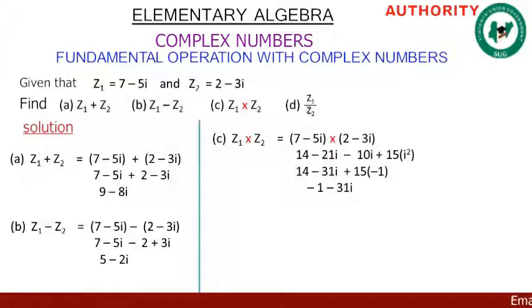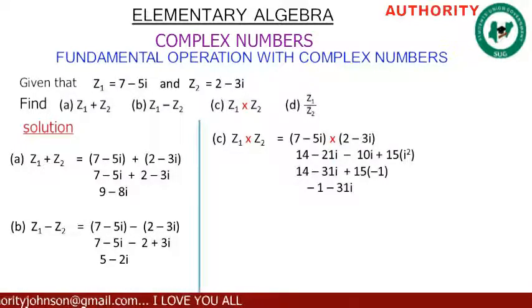We have minus 21i minus 10i is equal to minus 31i. Okay, so we know that i square is equal to minus 1. So minus 1 times 15 is what? Minus 15. So therefore we have 14 minus 15 is equal to minus 1, and then minus 31i. So therefore z1 times z2 is equal to minus 1 minus 31i.